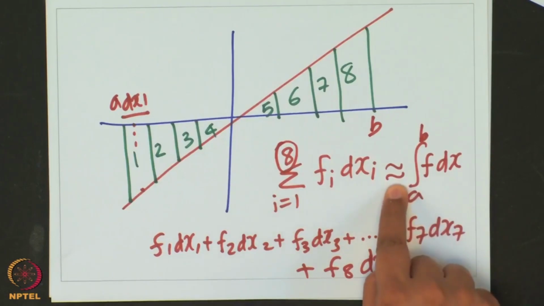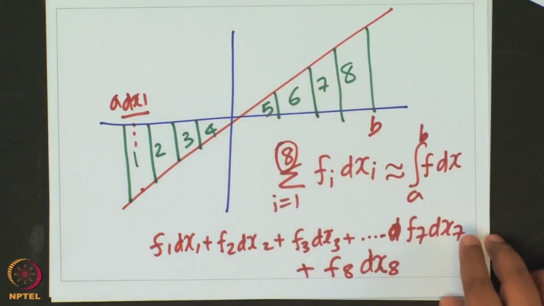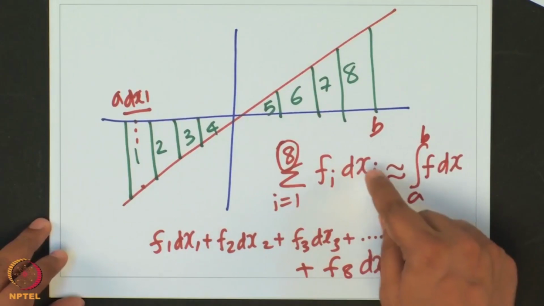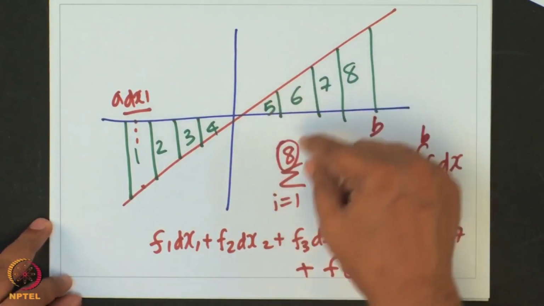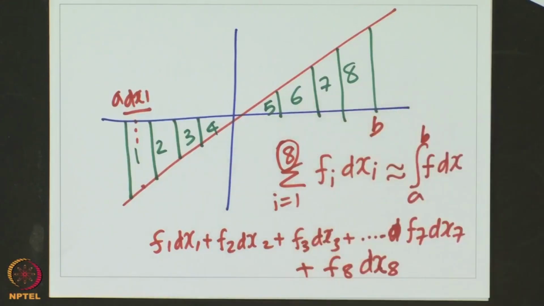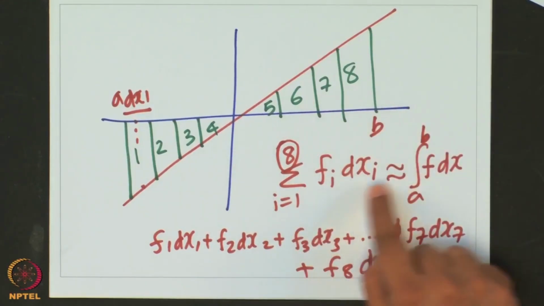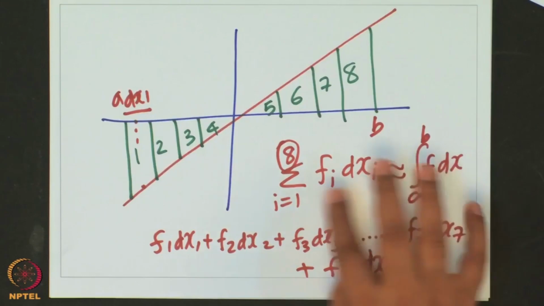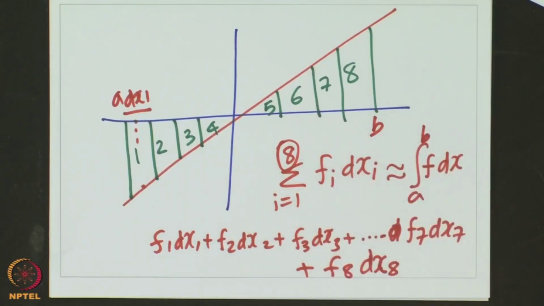This approximate sign is because when I divide this into boxes, the more small boxes I take, the more accurate an answer I will get. This is the numerical way of finding this integral, and there are many different methods for how accurately one can get it.